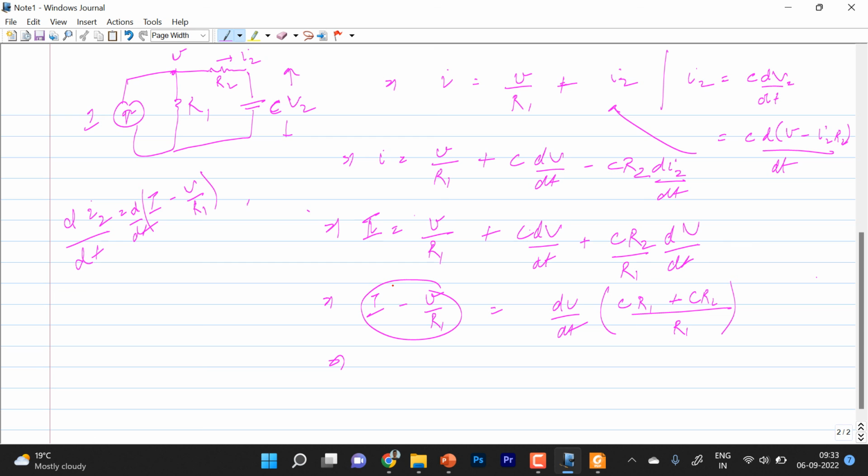You can write it as I R1 minus V divided by R1, correct? So R1 and R1 cancel, and you are left with this quantity. So you are left with the integral of dV over IR minus V is equal to dt over C times R1 plus R2, correct?